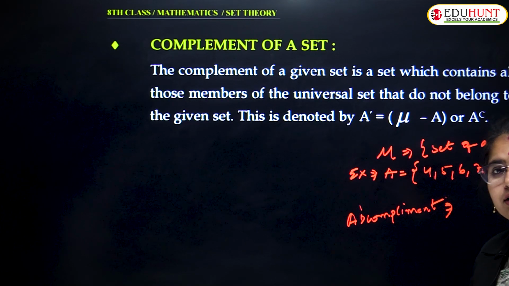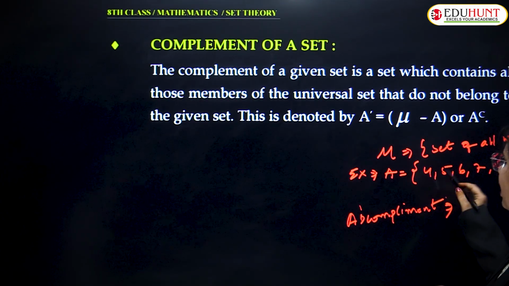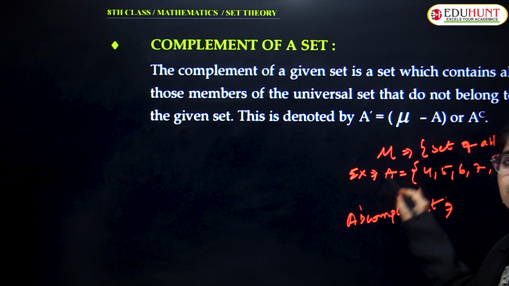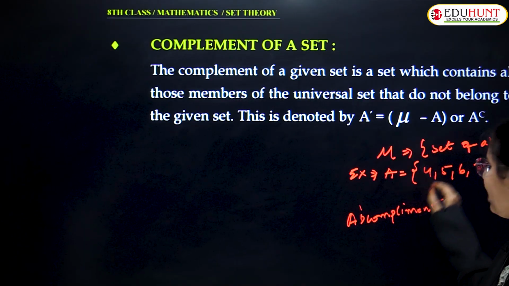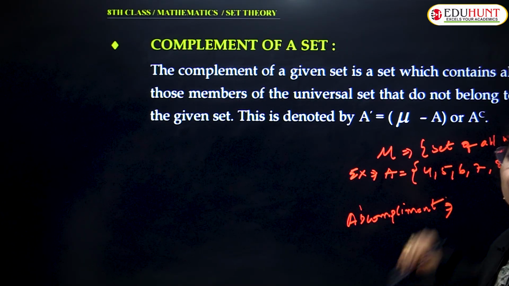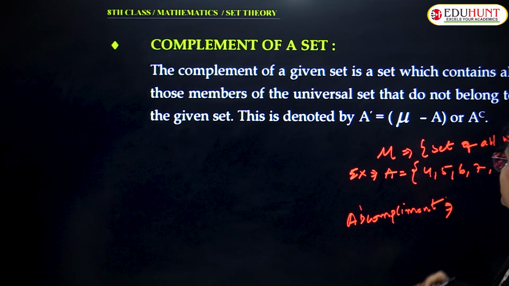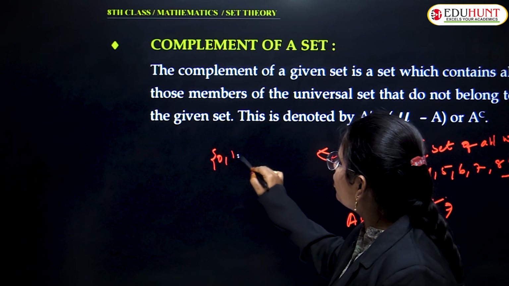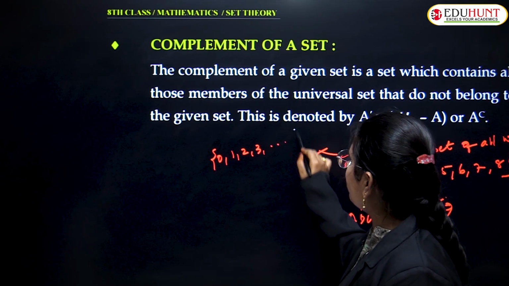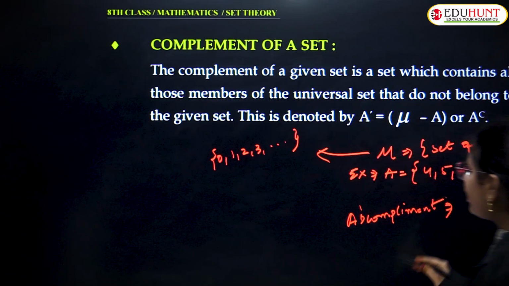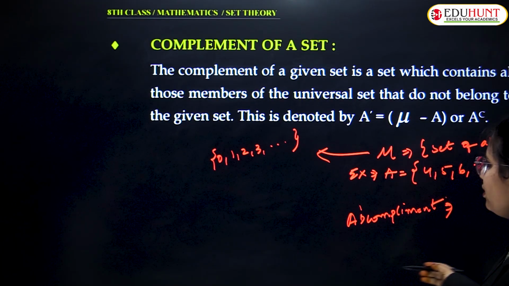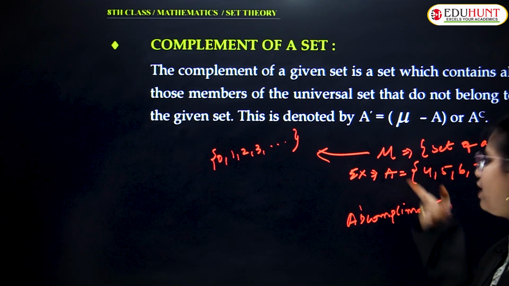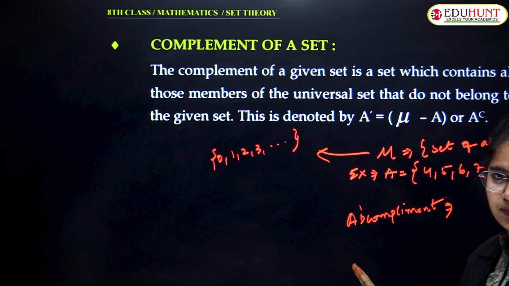For A complement, the elements whatever are there in A, you have to subtract from the universal set. That means from here you will start writing 0, 1, 2, 3 and so on. So if I want to find A complement, the elements which are already there in A, I will not write down.